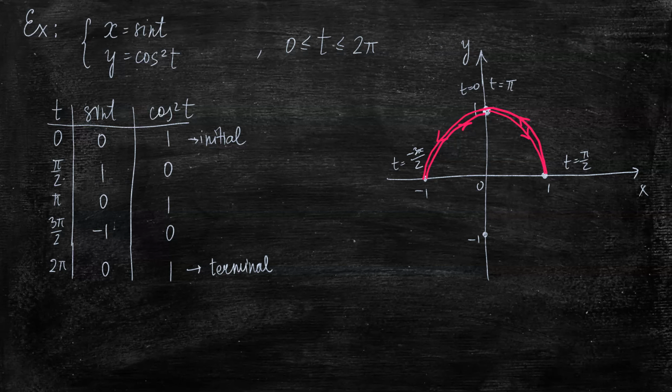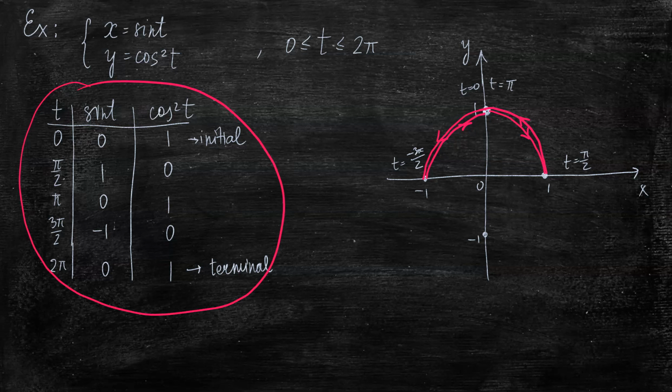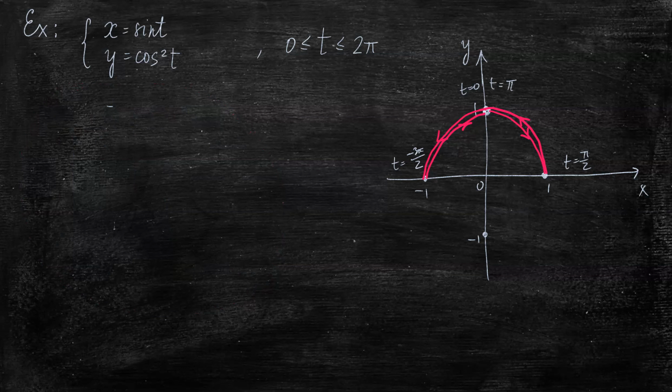So the next question is whether it is possible to figure out the parametric curve without doing all this, what looks like a lot of work. So can we find the parametric curve somehow differently? And the answer is sometimes it is possible.